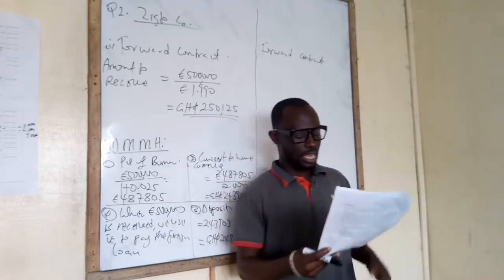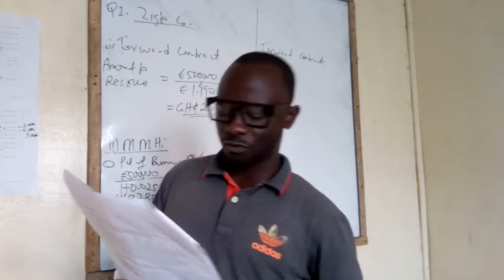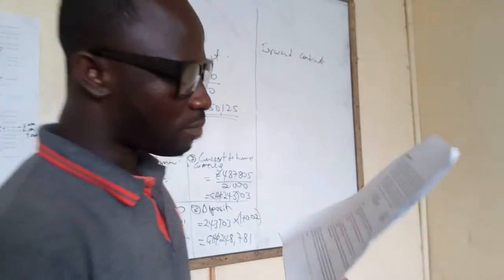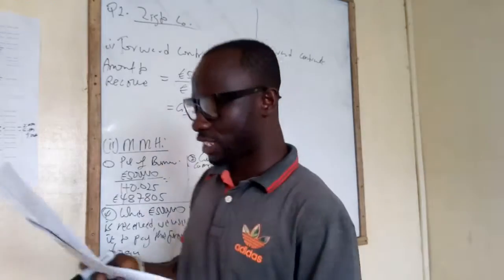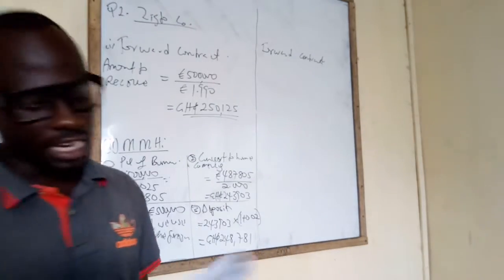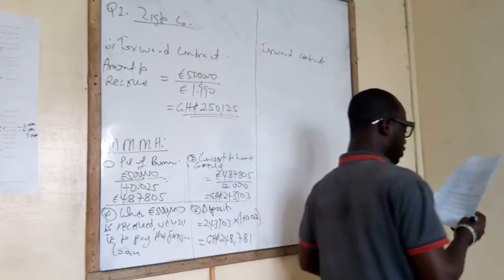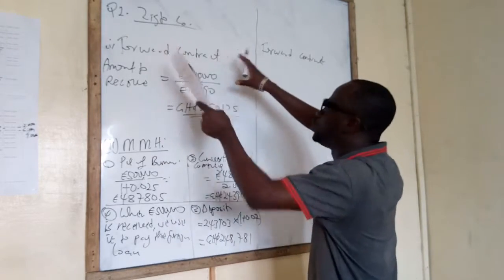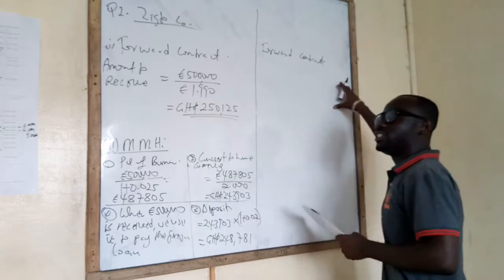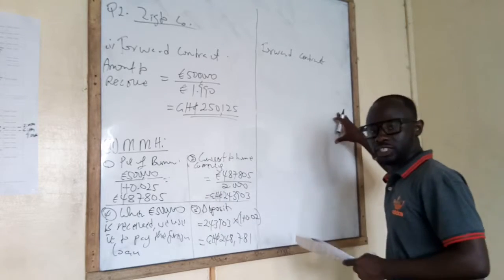D. Calculate the 1-year expected future spot rate predicted by purchasing power parity theory and explain briefly the relationship between the expected future spot rate and the current forward exchange rate. Now, we can calculate forward rates using the purchasing power parity or the interest rate parity.